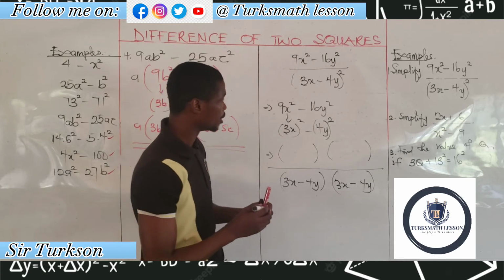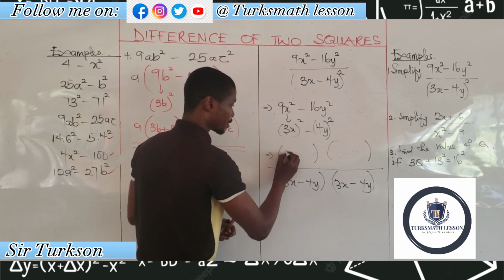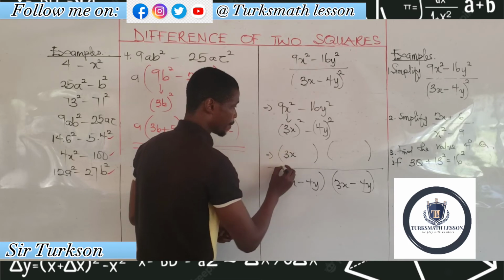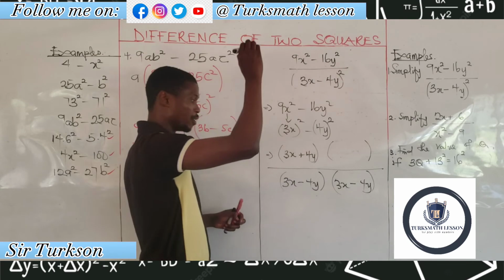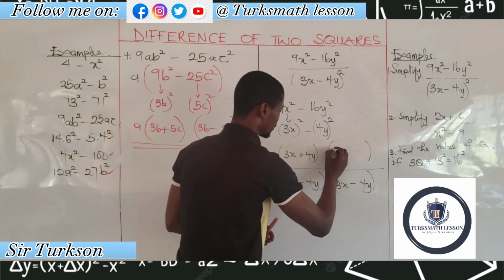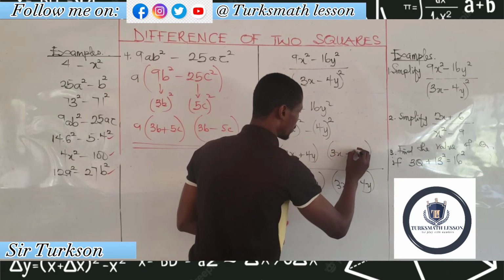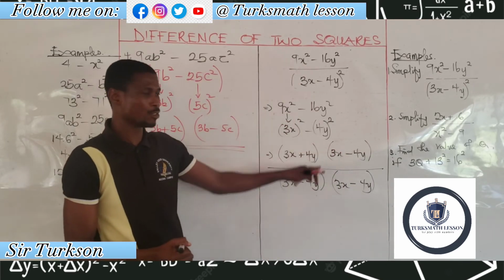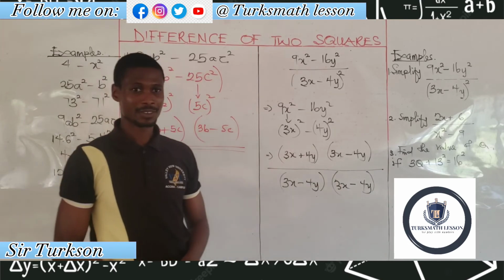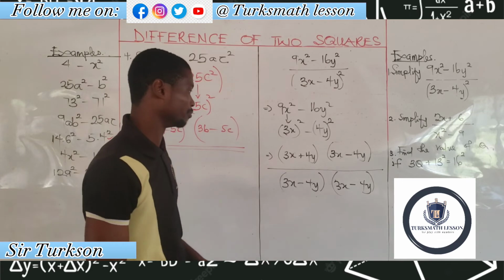2. Very good. So here we are going to break this one down. The first one is what? 3x plus 4. Very good. And here I'm going to have 3x minus 4y. Very good. Look at this expression. We can do some cancelling here. There are terms that are alike.